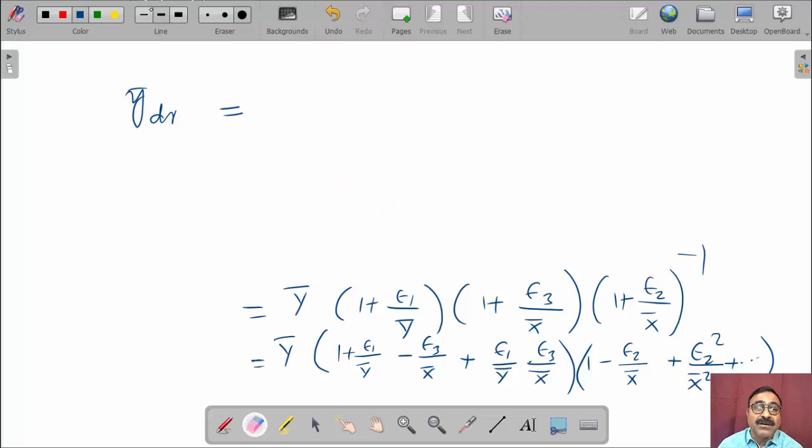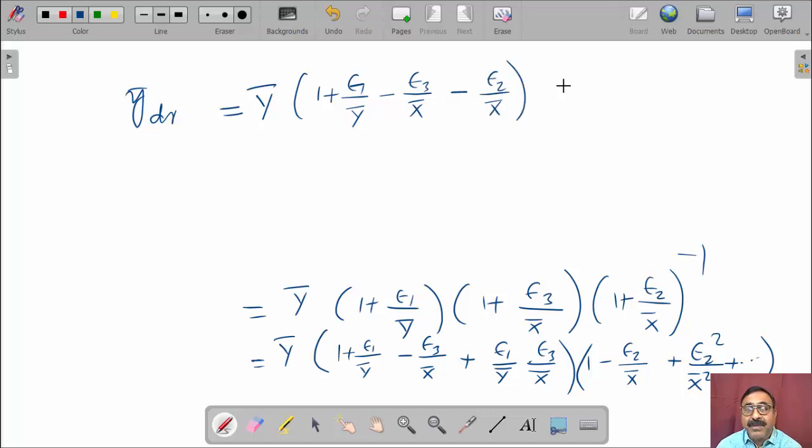Now our double sampling ratio estimator will be equal to Ȳ (1 + ε1/Ȳ + ε3/X̄ − ε2/X̄) up to first order of ε. Now we will neglect the terms of order ε².